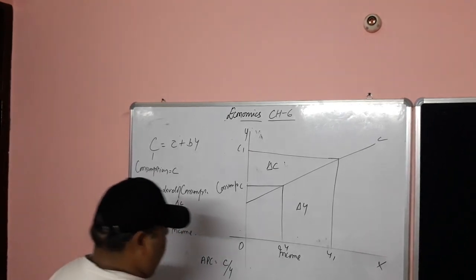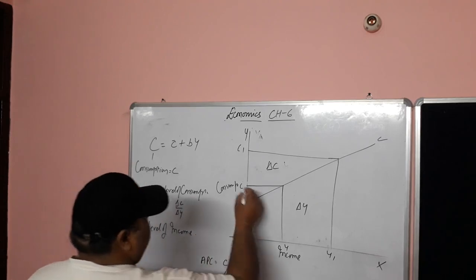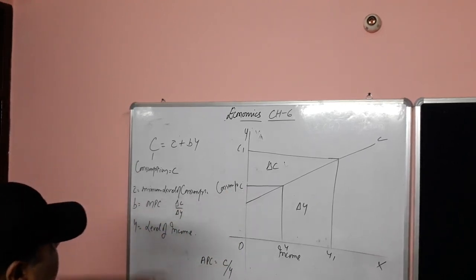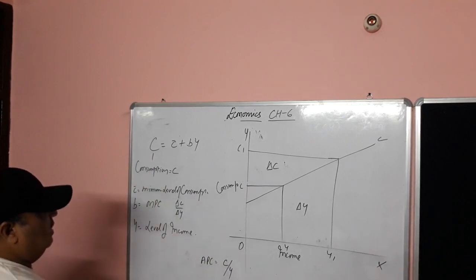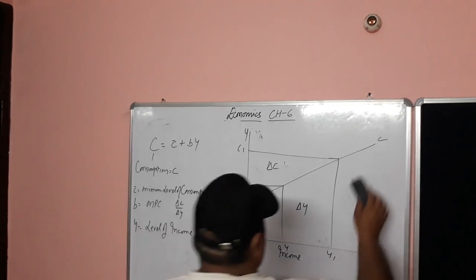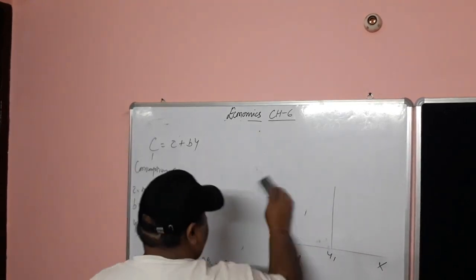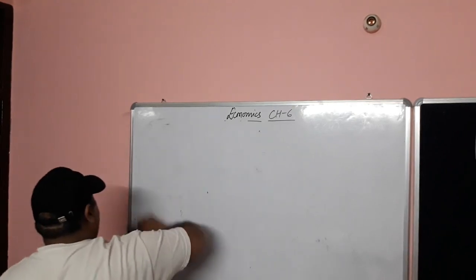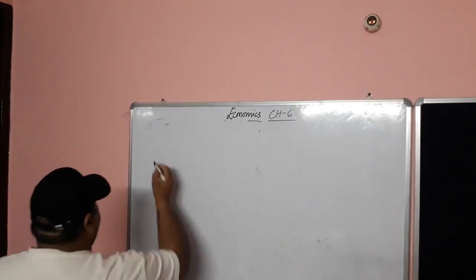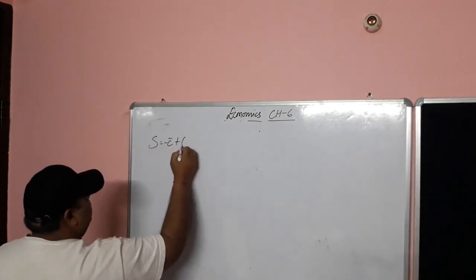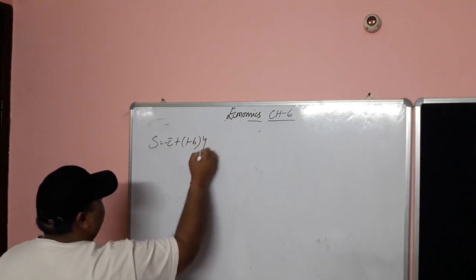APC is the ratio of consumption and income, and this one is your consumption curve. The same thing is applicable to the saving curve also. Now we discuss how we find the saving curve and what the saving equation is. The saving equation is S = minus C bar + (1 minus b)Y.